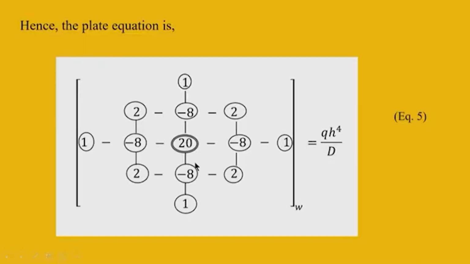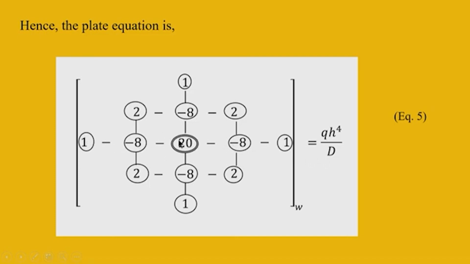So, the plate equation in the stencil form is now our important tool to be applied in a problem using the finite difference form. You are seeing here the 20, minus 8 and 1, 1.